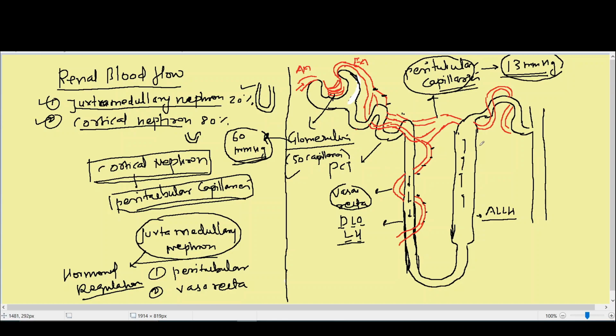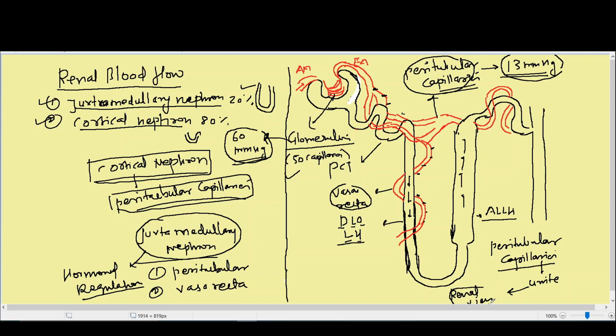We also need to understand that when peritubular capillaries join with each other, they form the renal vein. Always keep in mind, peritubular capillaries once united form the renal vein.